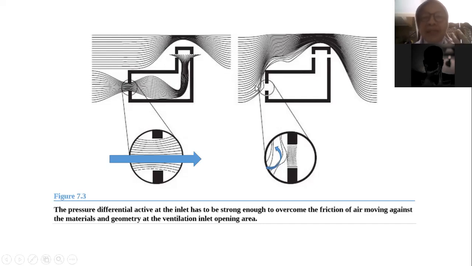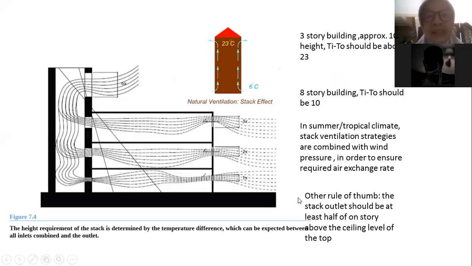But if there is no difference, in this balance condition, then there is no flow inside the room. That means this picture like this.